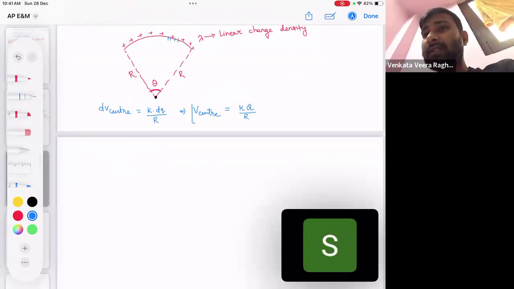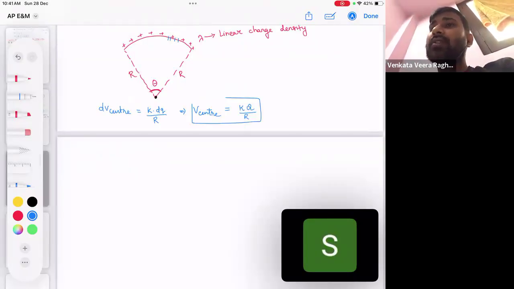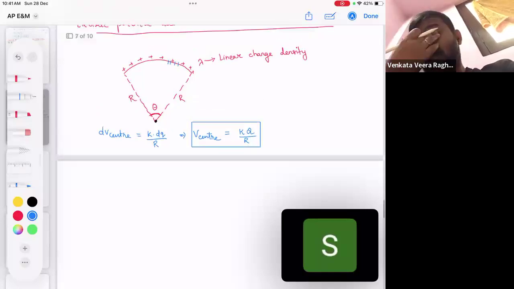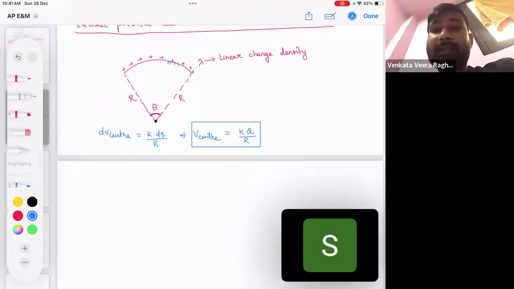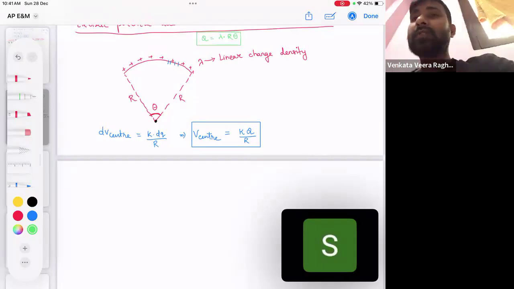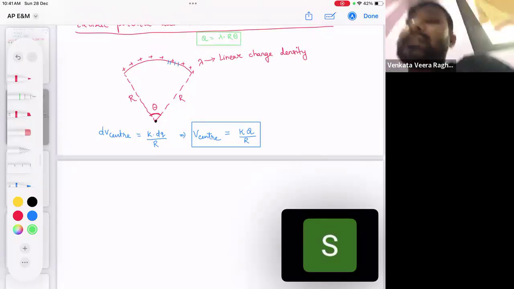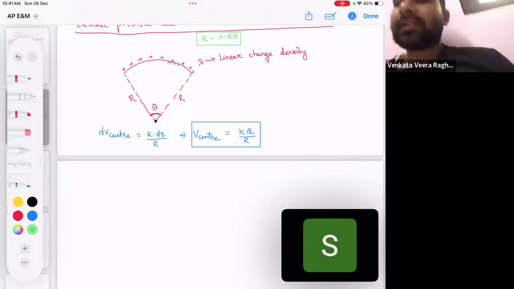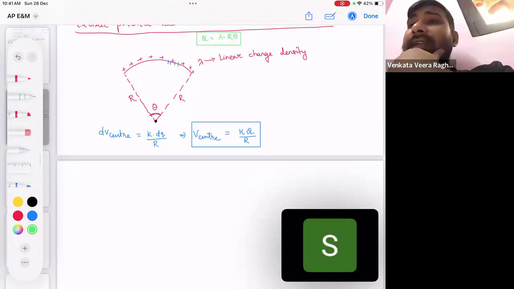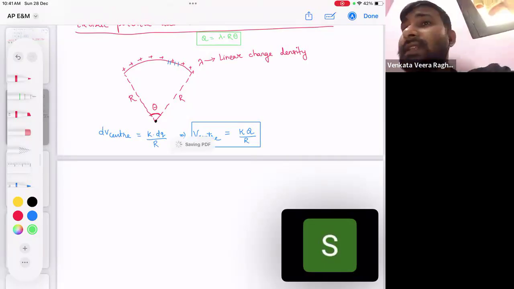What is the Q here? Can you tell me? Q is the total charge on the arc. Lambda is the linear charge density.